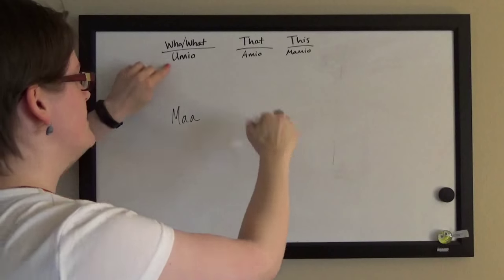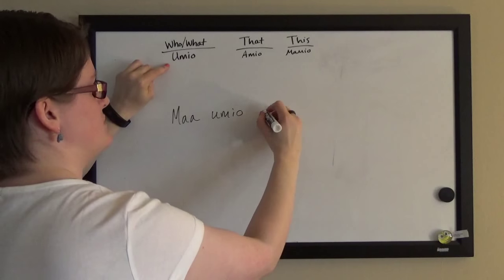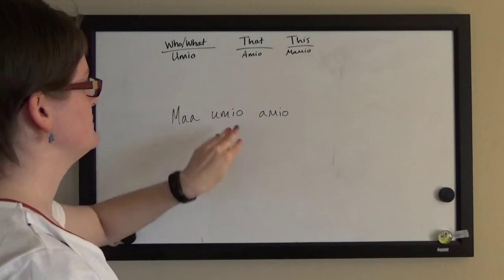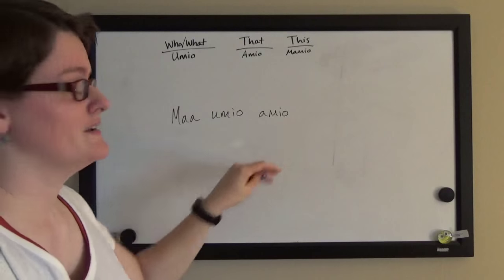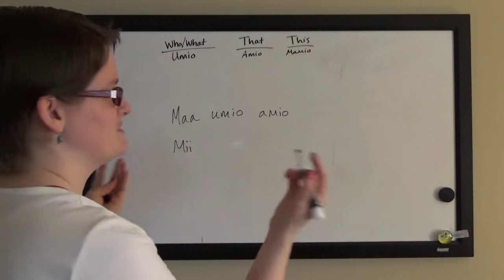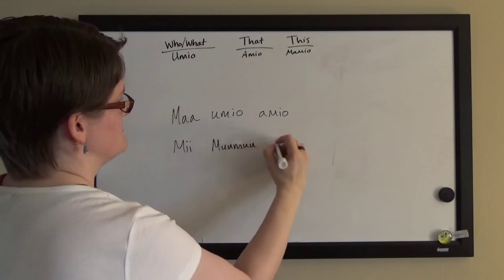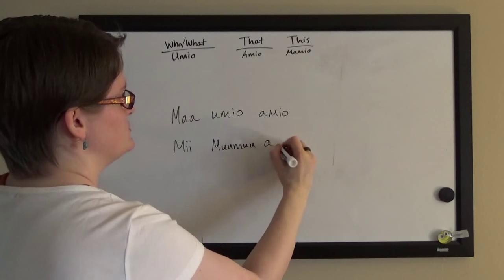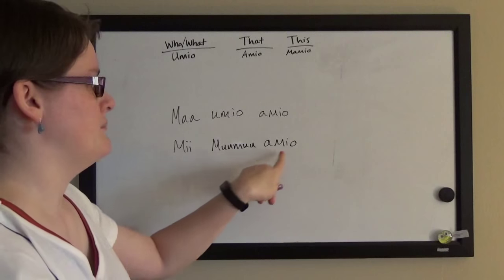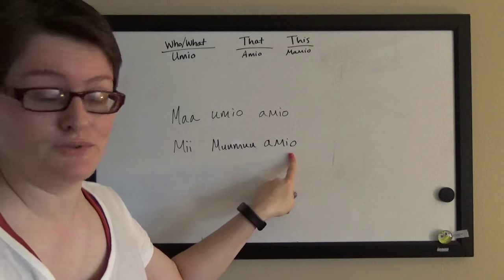So you would say umio and then amio. What is that? Or you could say, well, what is it? I don't know, maybe it's a moose. You can say it is a moose. That is a moose, this is a moose. Me mumu amio. That is a moose.